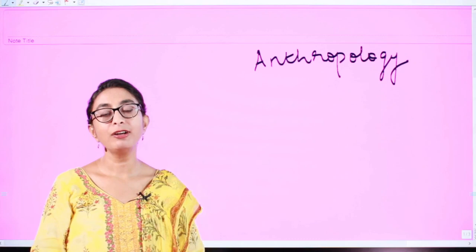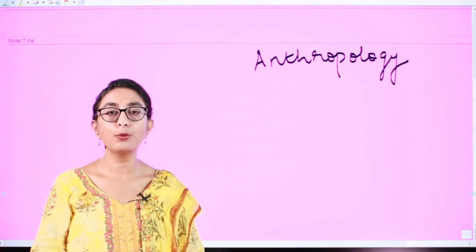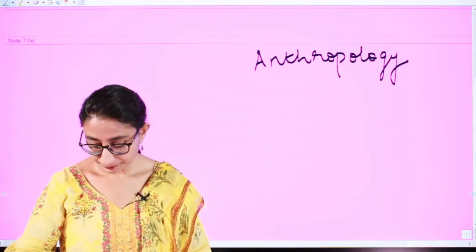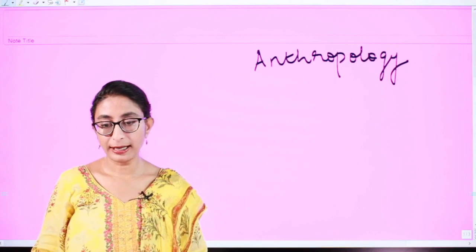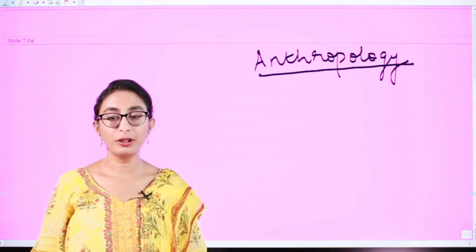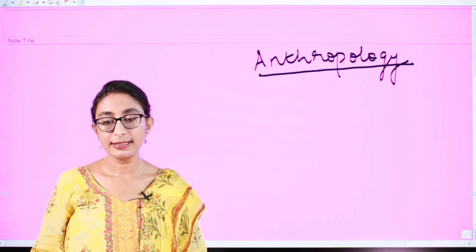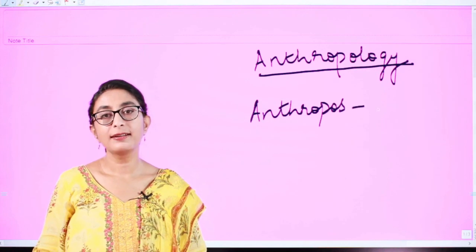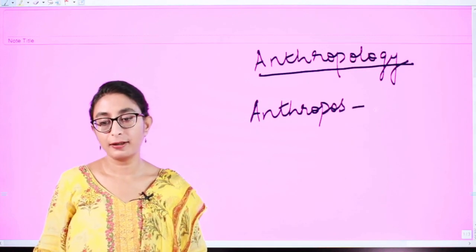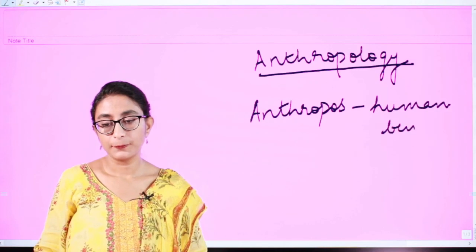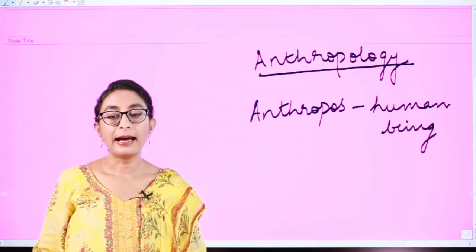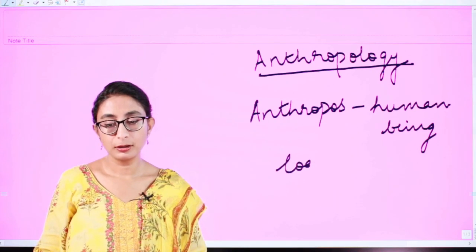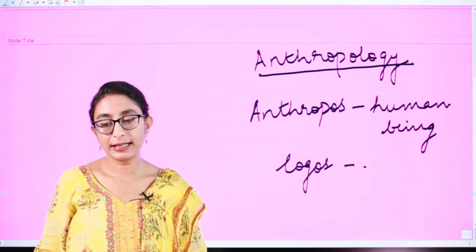Anthropology is derived from the Greek words anthropos and logos. The word anthropology is derived from the root words anthropos, which means human being or man, and logos, which means study.